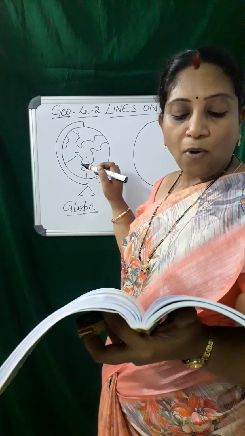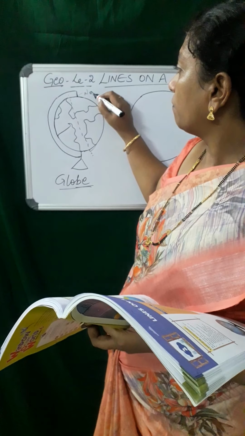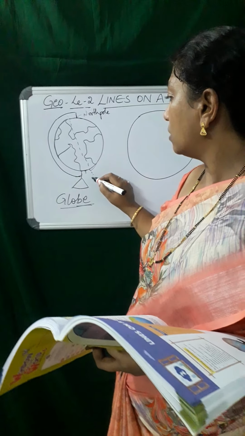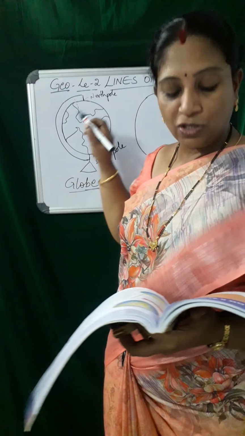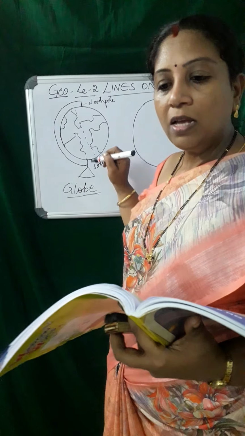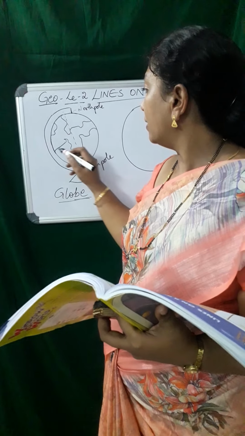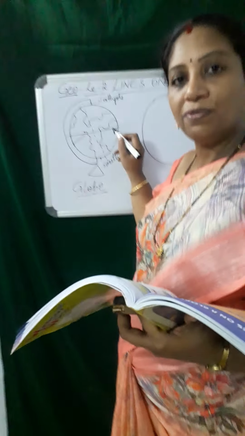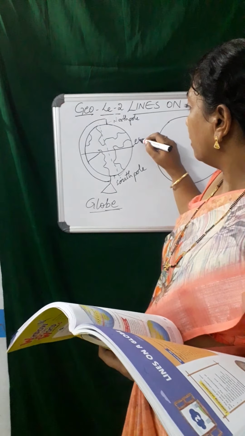rotates. The points where an axis intersects with the globe's surface are called the North Pole and this is the South Pole. This is North Pole, this is South Pole. The globe has another imaginary line running around in the middle in the east-west direction, from east to west in the middle of the globe, and it is called the equator.